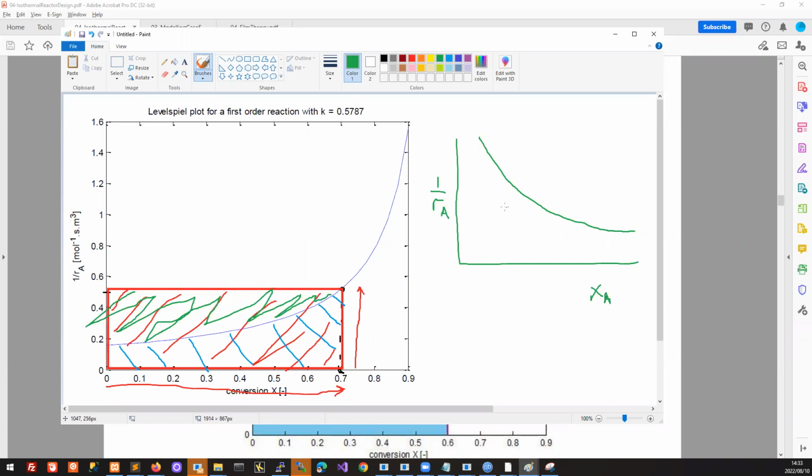So any takers? I think it's the CSTR. That's good. So that's right. The CSTR will actually be the better user of the volumes. So can you keep going with that? In terms of seeing it on the Levenspiel plot, can you walk me through how that would look, or what you would see on the Levenspiel plot to support that?